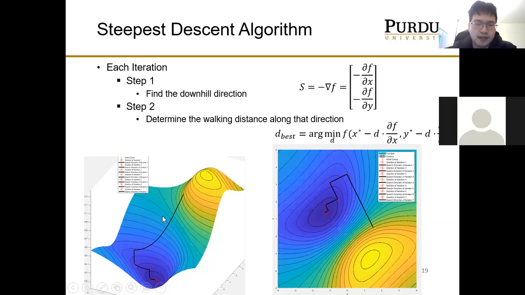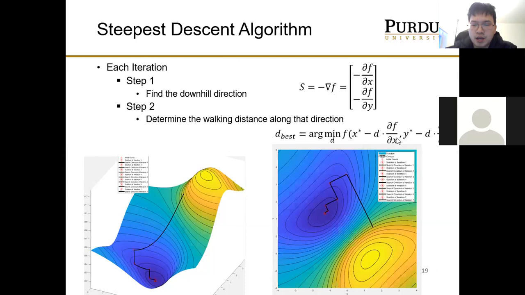Mathematically, the search direction is the negative of the gradient, del F. Step 2 is to determine what distance we should move along that direction, by minimizing the 1D problem along this direction. Then we update the X star and repeat this process.